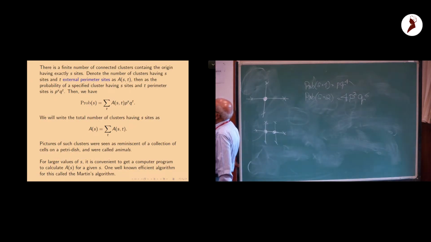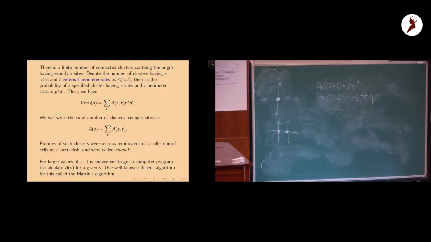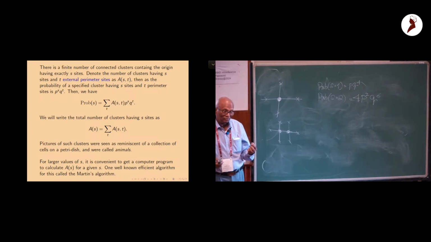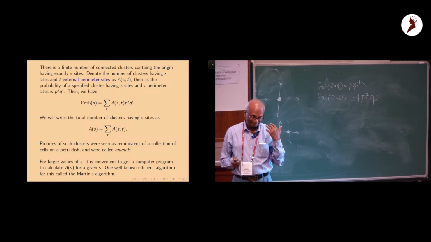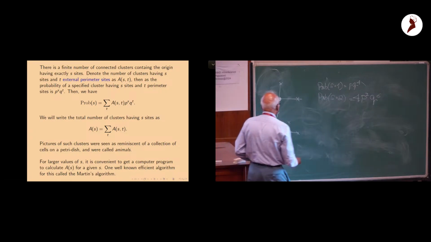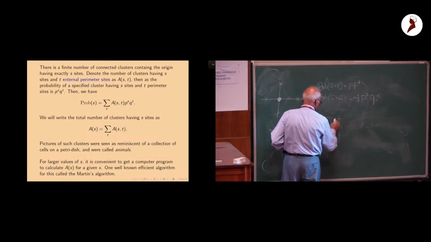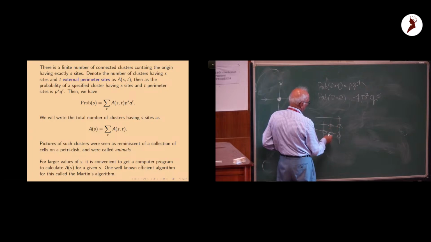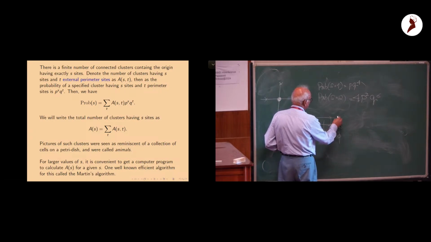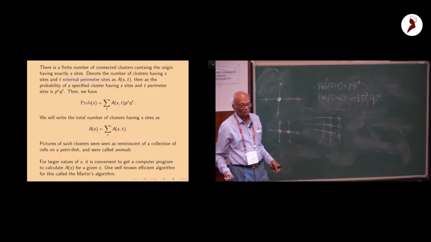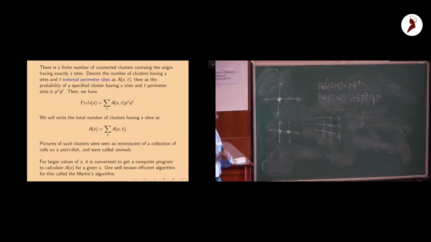Okay. So there is a finite number of connected clusters containing the origin having exactly S sites. So I can have some clusters which have external perimeter T. Suppose I have a cluster. Okay. The external perimeter is the sites which are external to the cluster, which are not part of the cluster, but are neighbors. So they are called external perimeter.